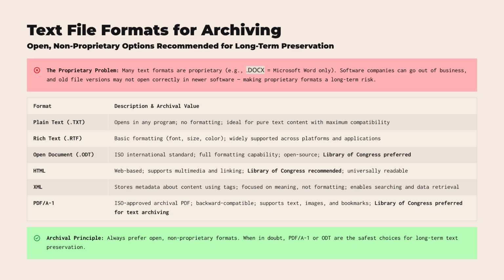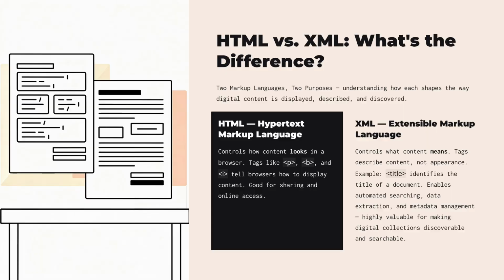Future software is required to be backward compatible with it. For archiving text documents that need to look exactly like their originals, financial records, legal documents, publications, PDF/A-1 is excellent.